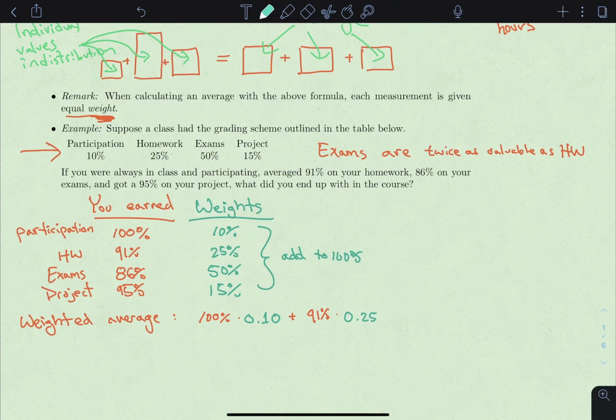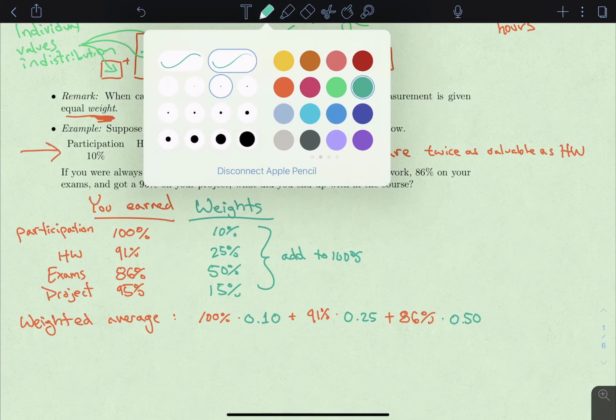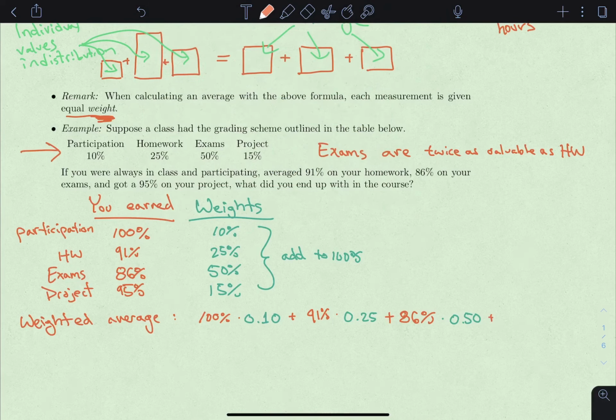0.25 is the 25% weight on the homework. The 86% is what you got on the exam, on average, but they're worth 50%. And then the final thing was your project, which you got a 95% on, and that was weighted at 15%. Notice I haven't changed the earnings to decimals because we're going to calculate our final grade in terms of a percent.